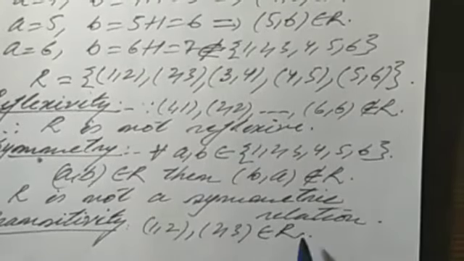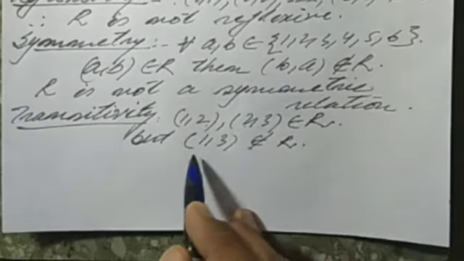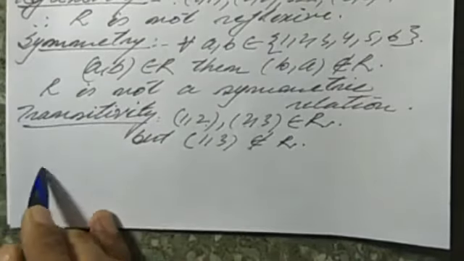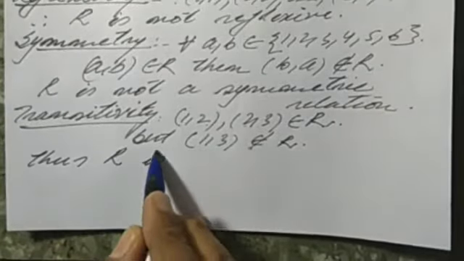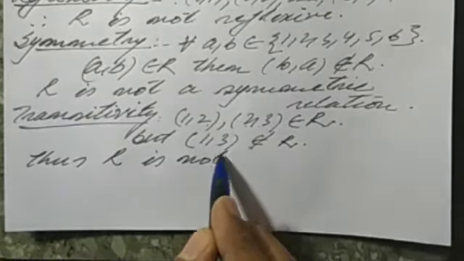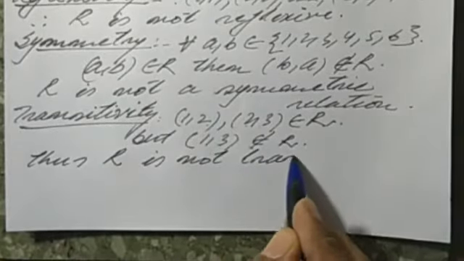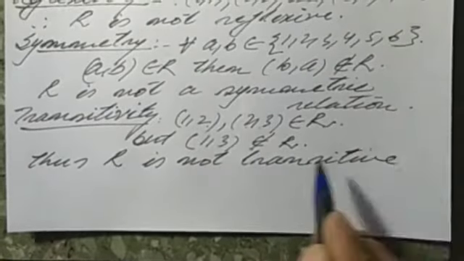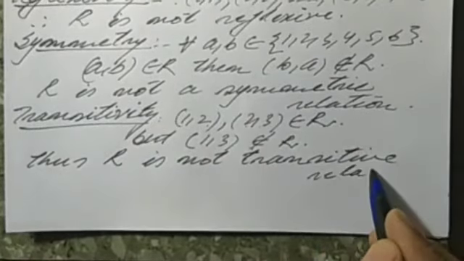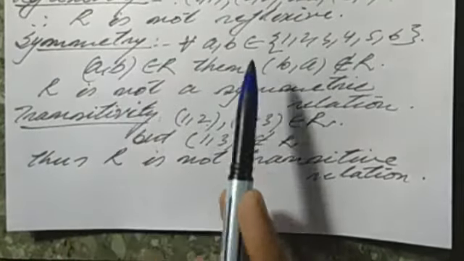We may give many reasons, but it is sufficient to give only one. So we have given (1, 2) and (2, 3) belong to R, but (1, 3) does not belong to R. Thus R is not a transitive relation. So we come to the conclusion that the given relation is neither reflexive nor symmetric nor transitive.